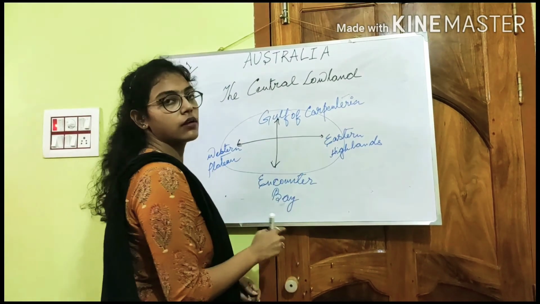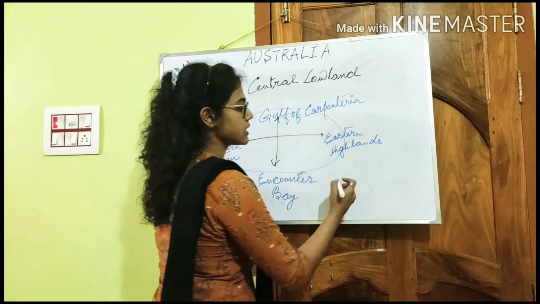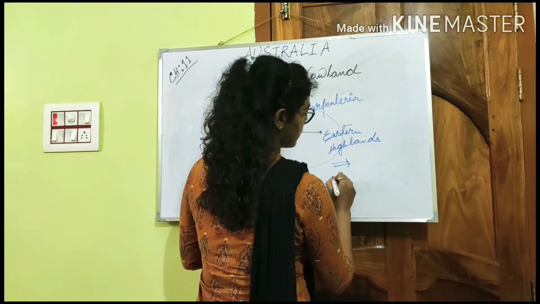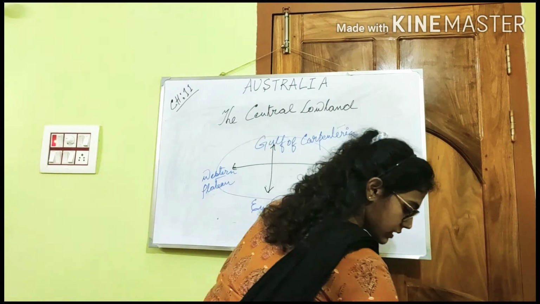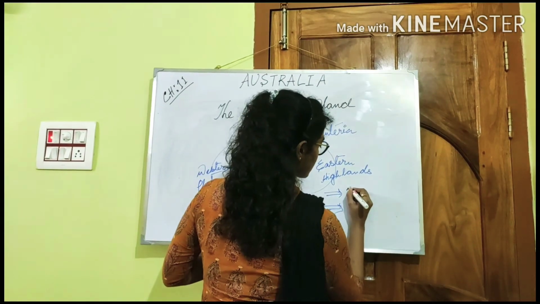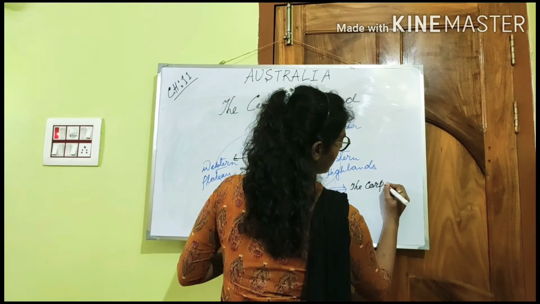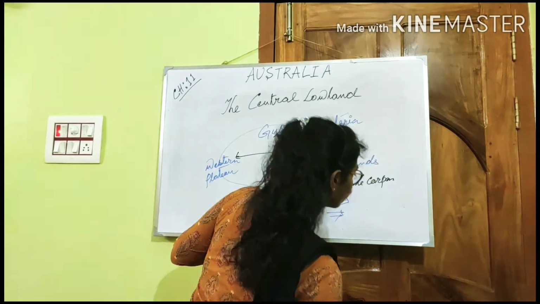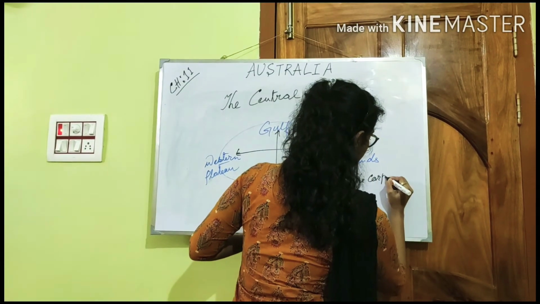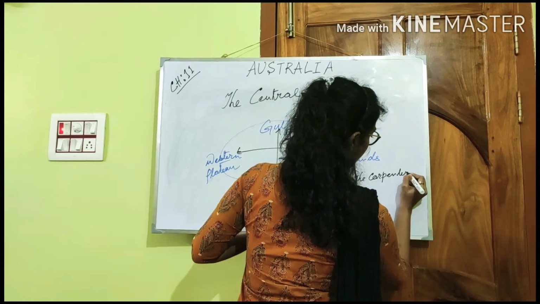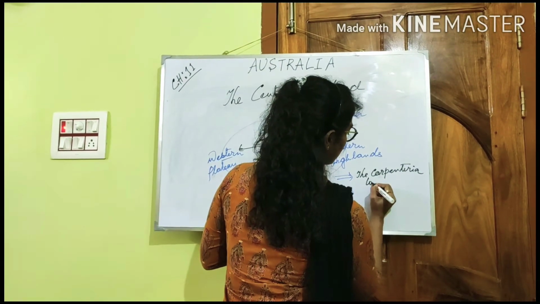This is the central lowland, surrounded by these areas, and in this central lowlands there are three parts. The first is the Carpentaria lowland.